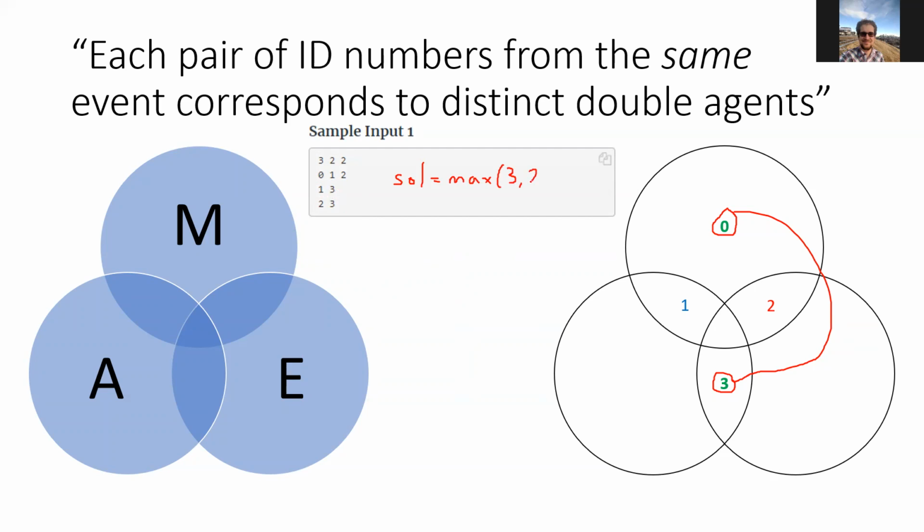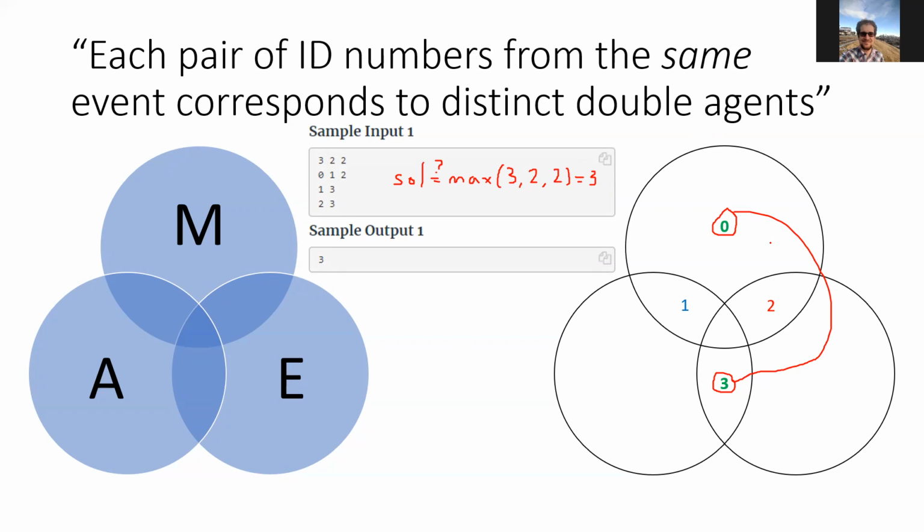The morning had 3 people, afternoon had 2 people, evening had 2 people. So maybe the right answer is just to look at what's the maximum out of these 3. And indeed, at least in this sample case, that works out.